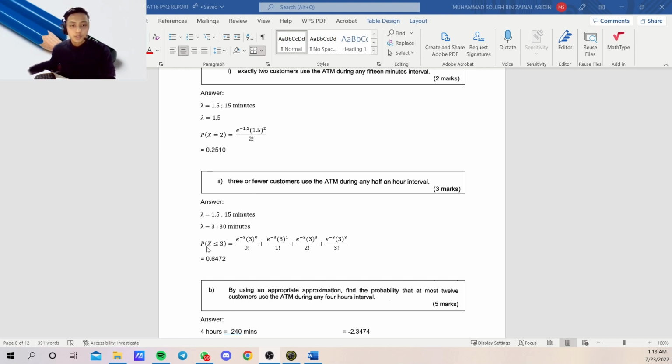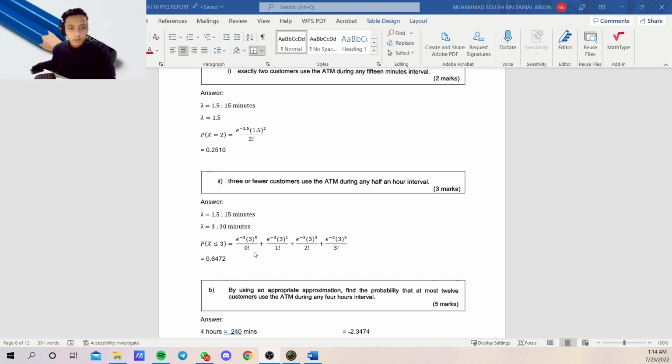So P(X less than or equal to 3) equals e to the negative 3 times 3 to the power of 0 divided by 0 factorial. This one we have to calculate all the way until we reach 3 at the bottom.